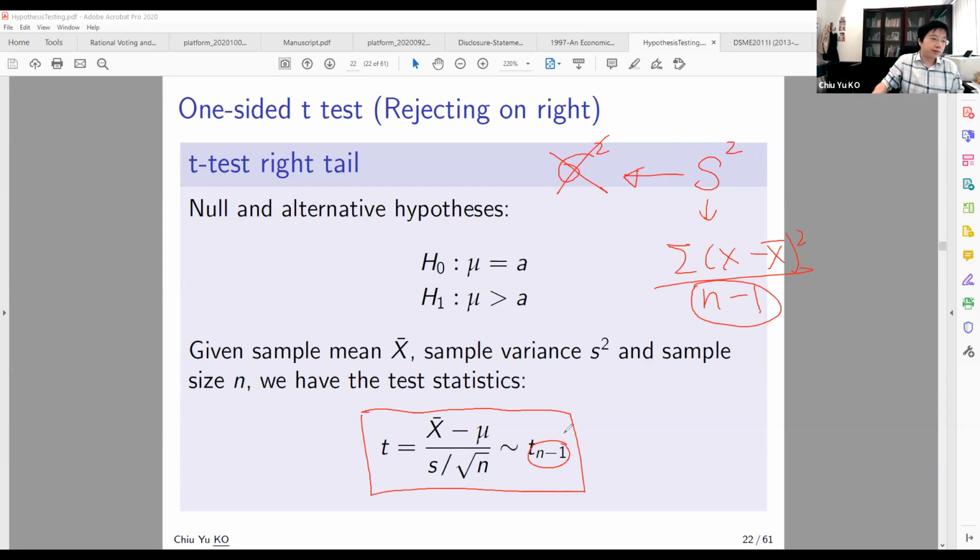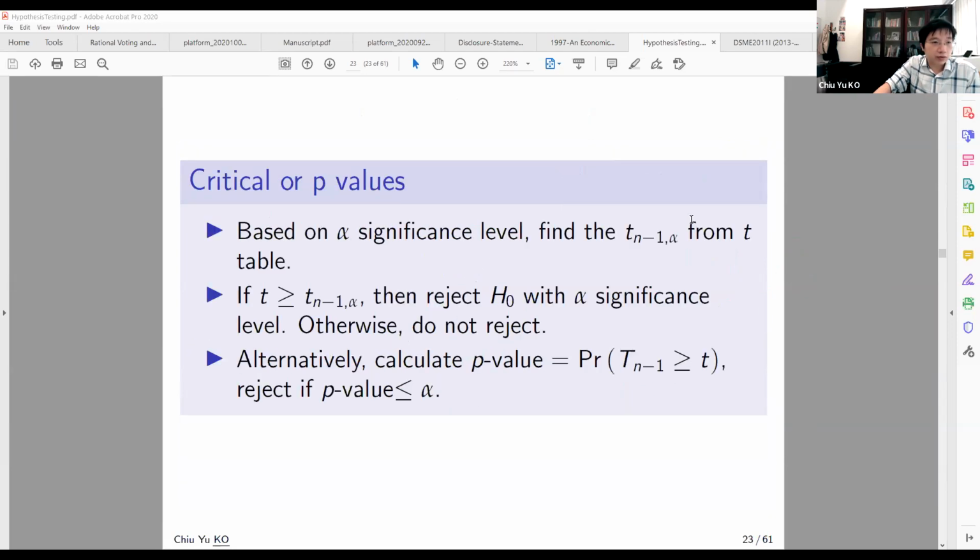This is what we learned in the sampling distribution chapter. So everything will be the same, but instead of z, you will use t with n minus 1. So everything has the same method. You will see the same question again, so don't worry.